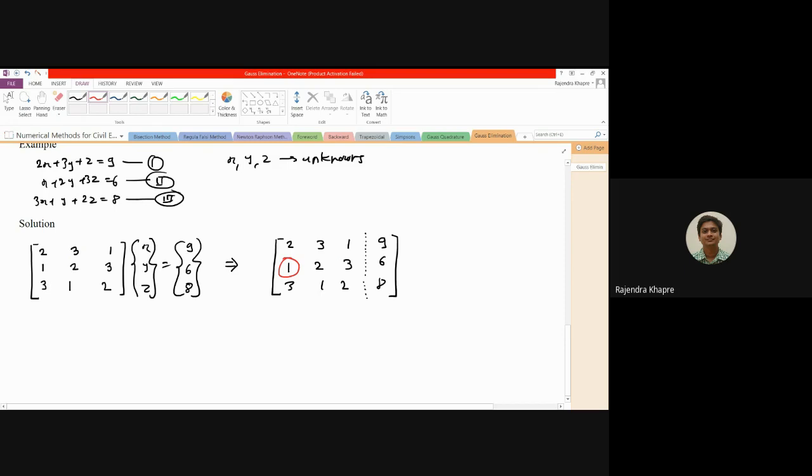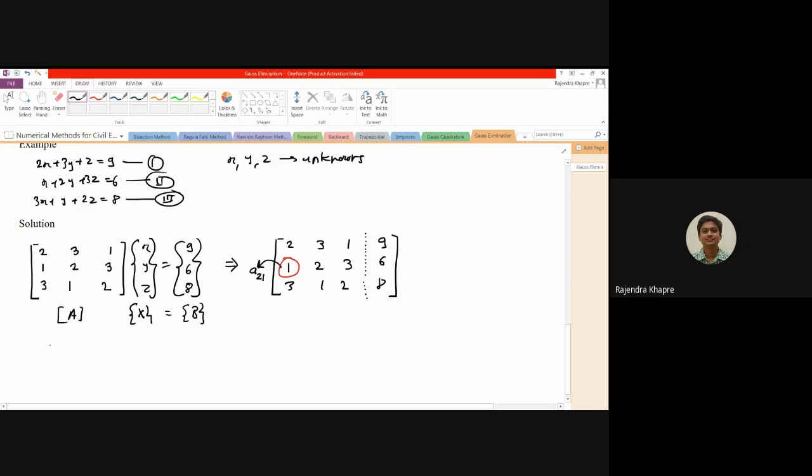Let us consider this as matrix A, this as vector X, and vectors are written in curly braces, and this equals vector B. If I call this matrix A, this element will be called A21, that is, second row and first column.